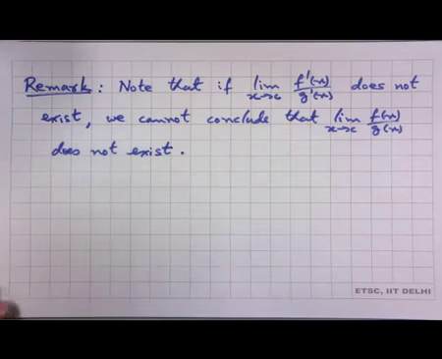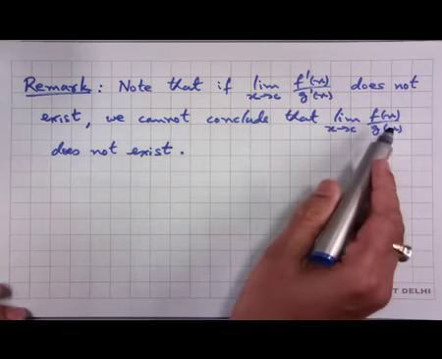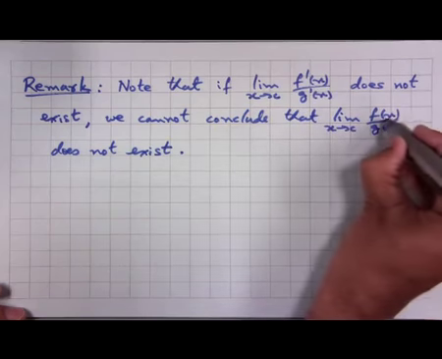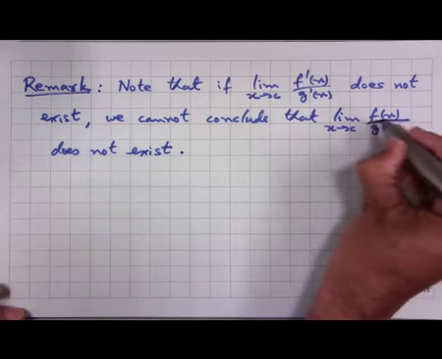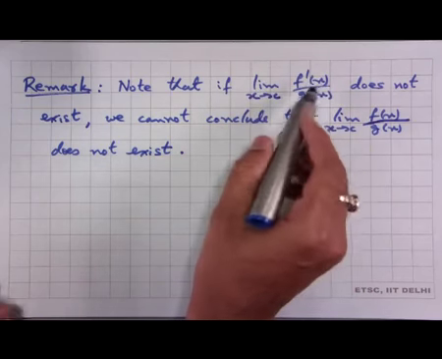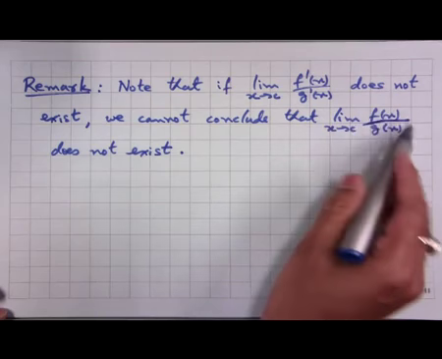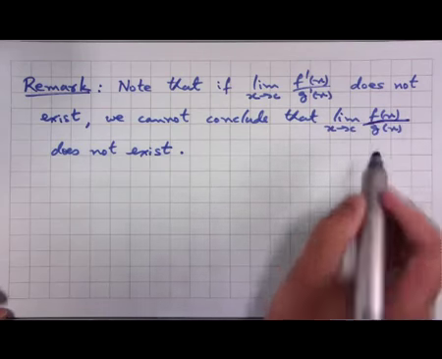So, what we have said is that if the limit exists, then the limit of f x by g x also exists and they are the same, but even if the limit of f prime x by g prime x does not exist, that does not mean that the limit of f x by g x does not exist.